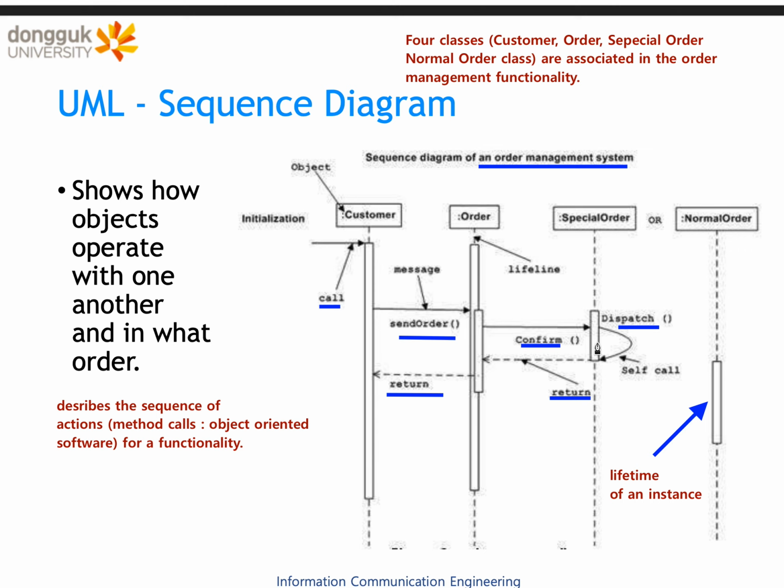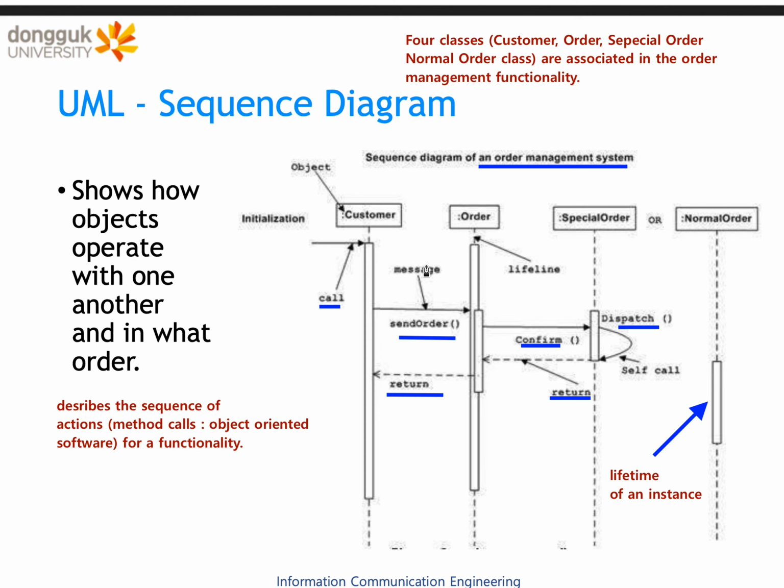There are more detailed things inside the sequence diagram, but as an introductory course, I'm going to introduce the very basic things. So a sequence diagram describes a sequence of operations, a sequence of method calls to run one functionality. One functionality may need several classes, and each class will interact together to run it.